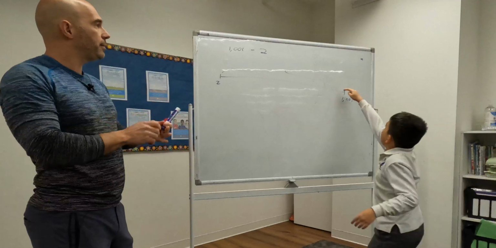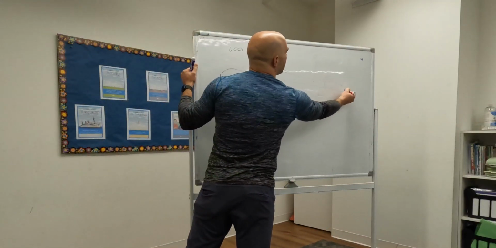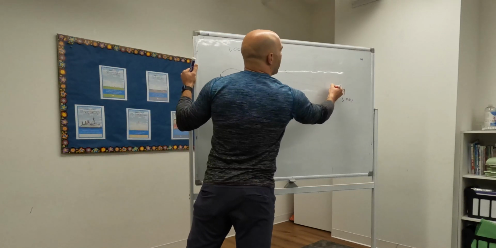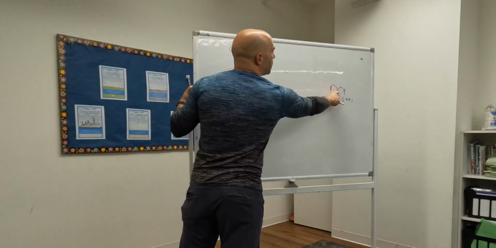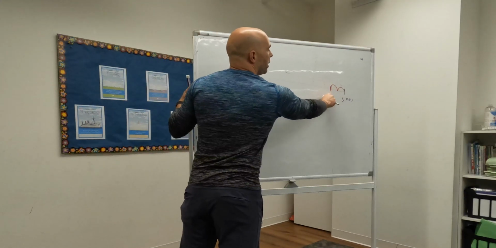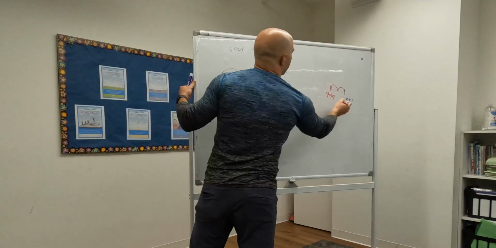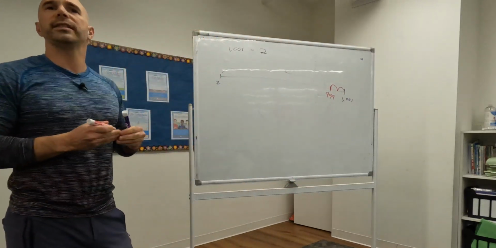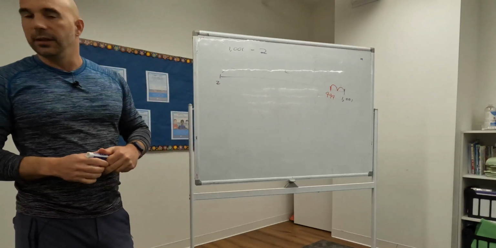Or would it be better to just say, look, here's 1001. We're going to go 2 units to the left, right? Because we're subtracting 2. So this would be 1000. And this, the answer would be 999. Good.